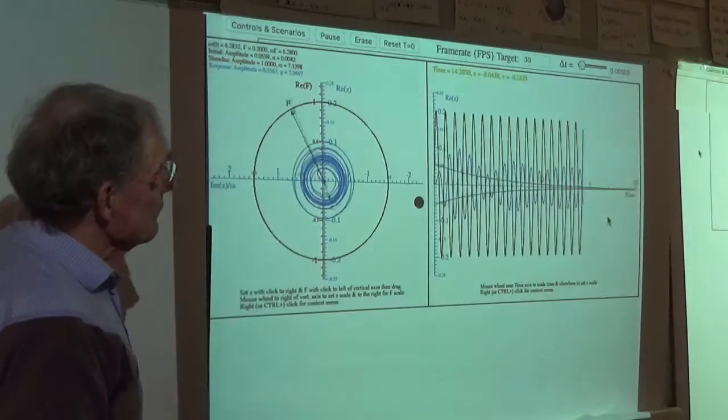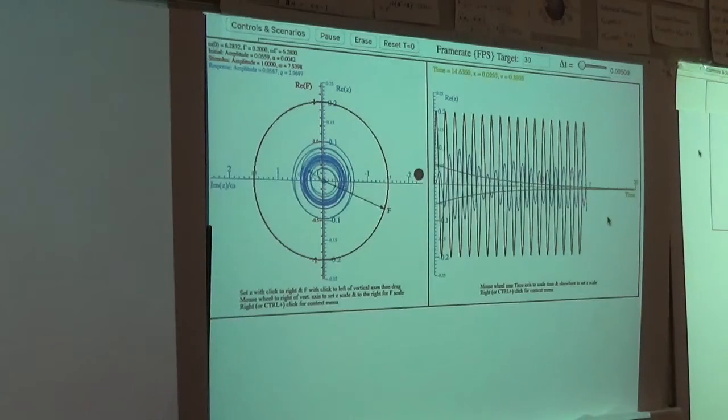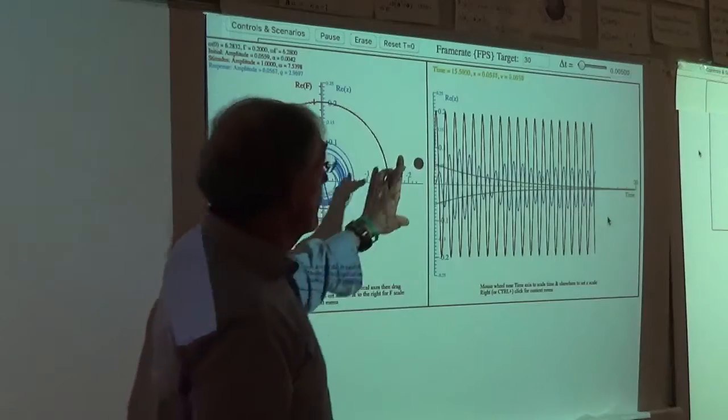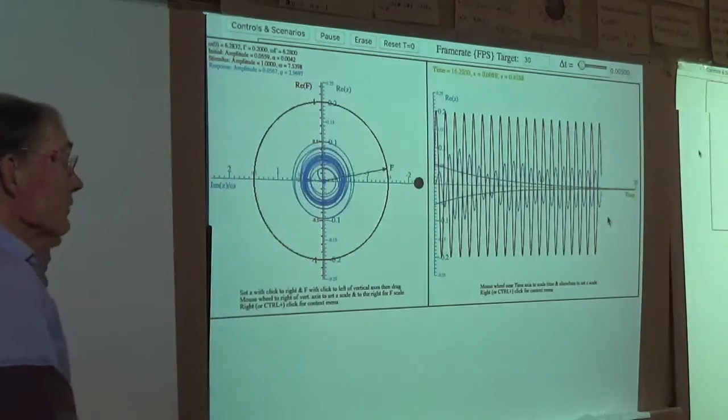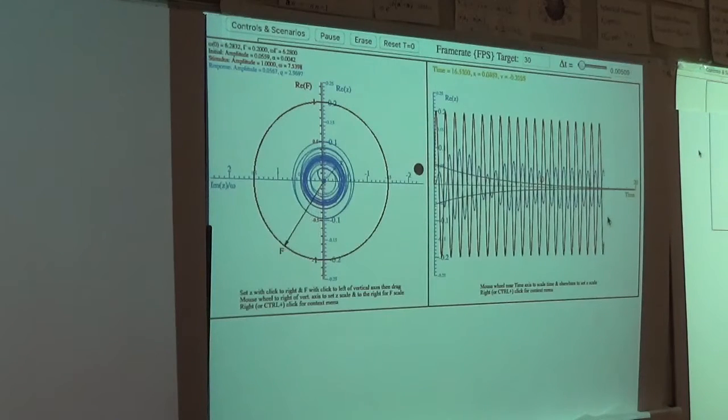So we're approaching 15 seconds. We are now seeing a transient that is 5% of what we started with, which is as big as the total response is going to be in order to start at cold initial conditions. Does that make sense? Okay.